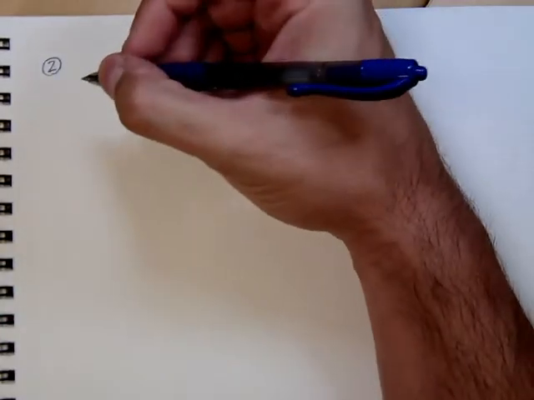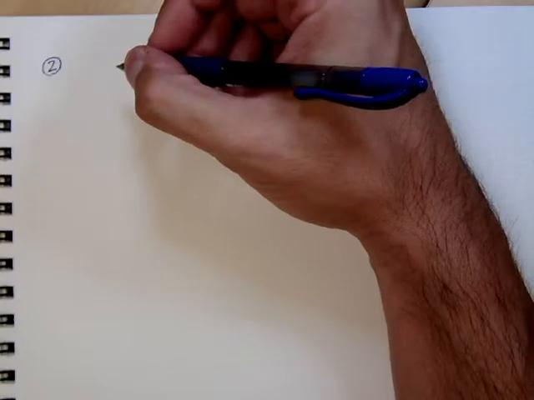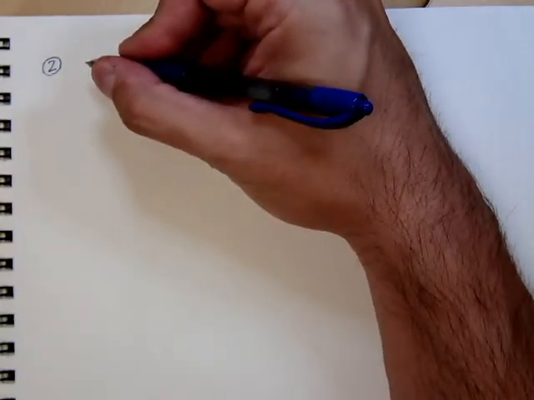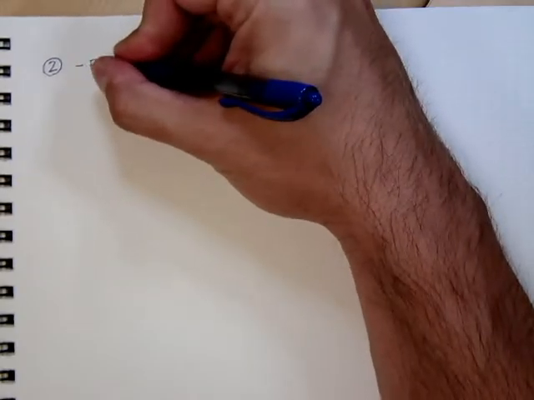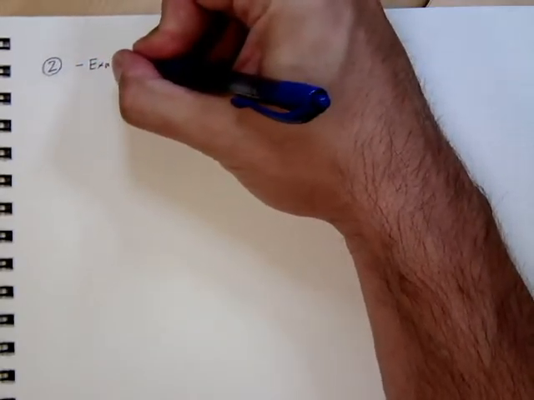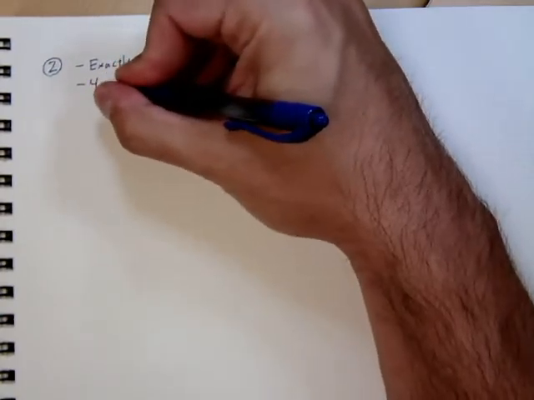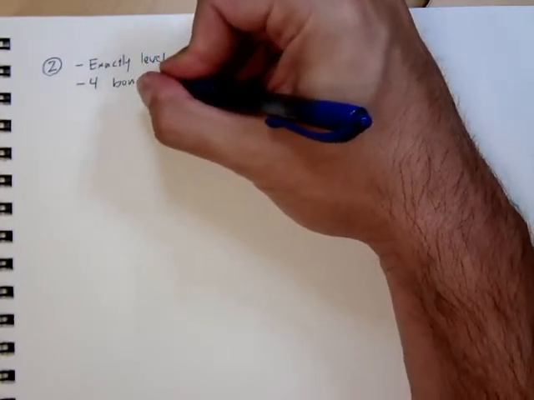You want a land which is exactly level with 4 boundary lines. So you want exactly flat, exactly level, with 4 boundary lines.